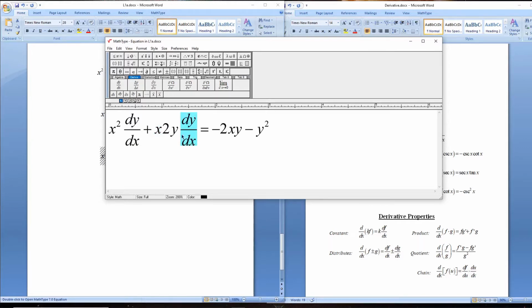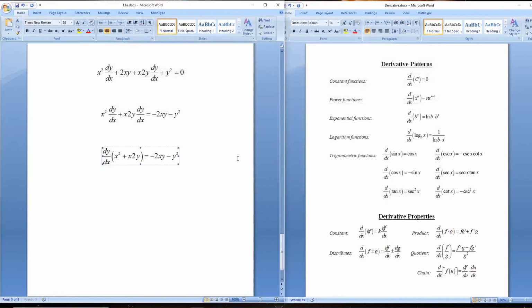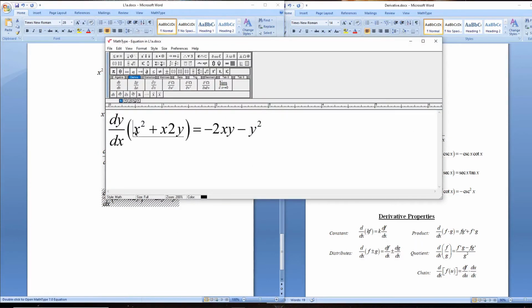And so we will only factor this out to get that expression. And we're done. Because all we have to do now is divide both sides by this to get our derivative. And there's our derivative.